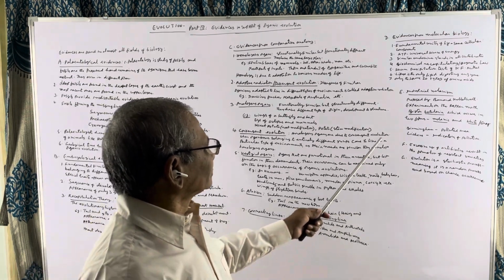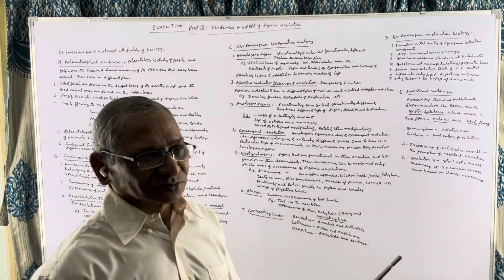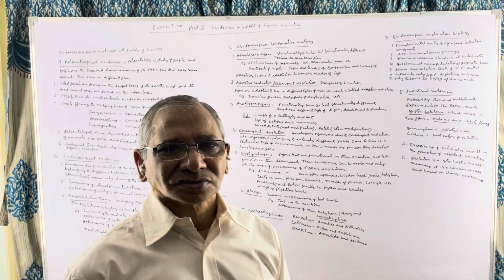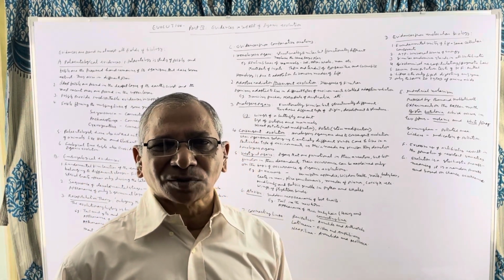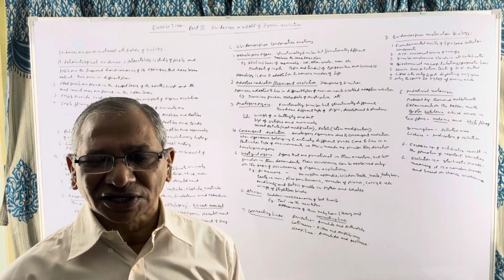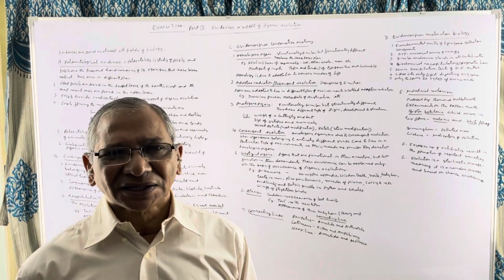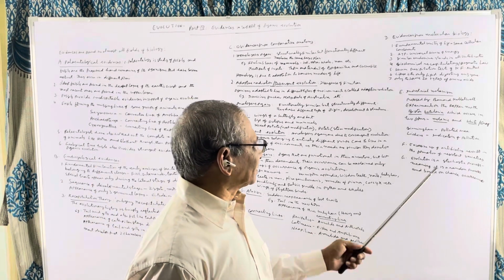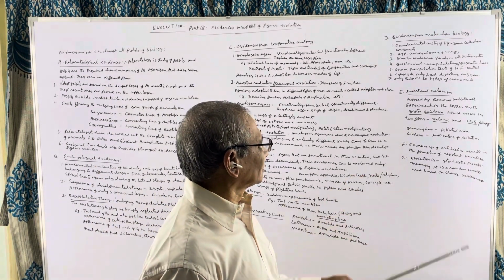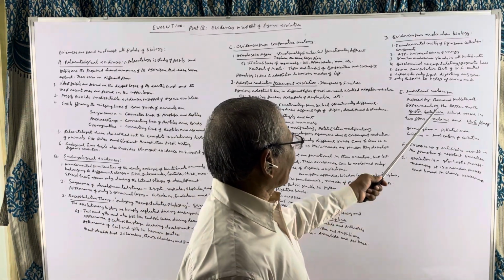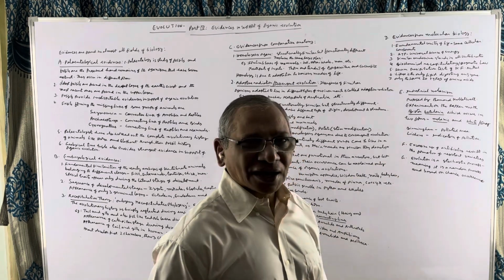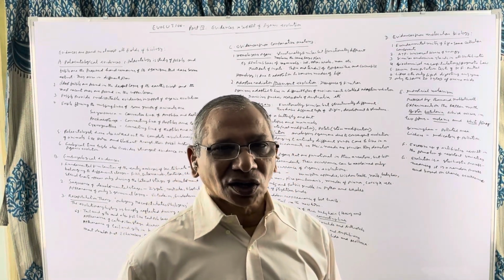Then, industrial melanism. Industrial melanism is a very good example in support of the theory of natural selection. In England, there is a moth known as Biston betularia. A scientist known as Bernard Kettlewell conducted some experiments on this moth.